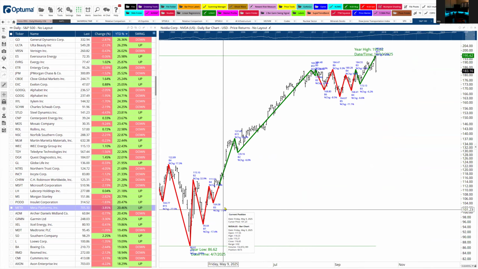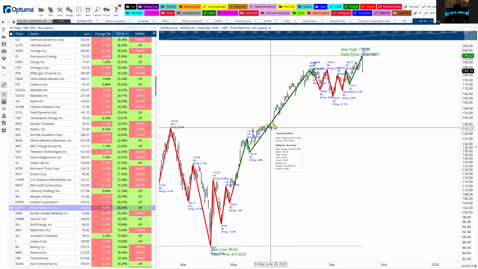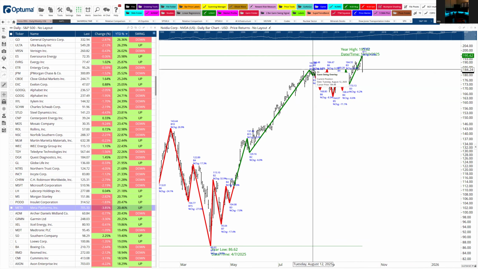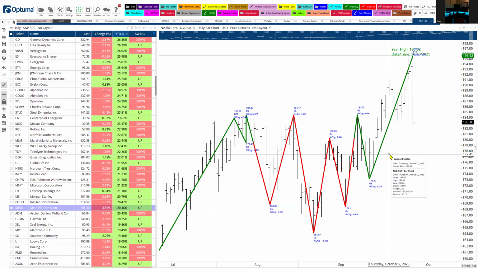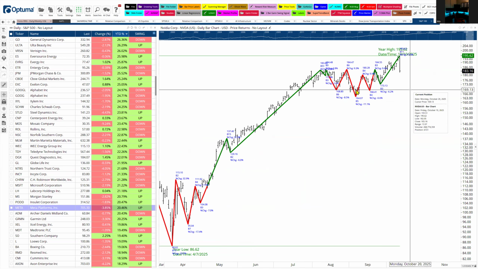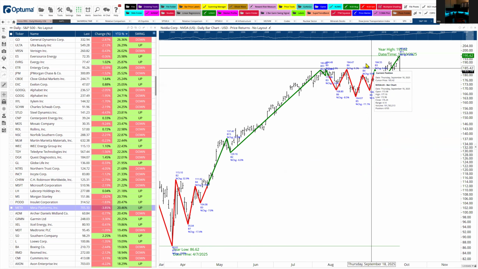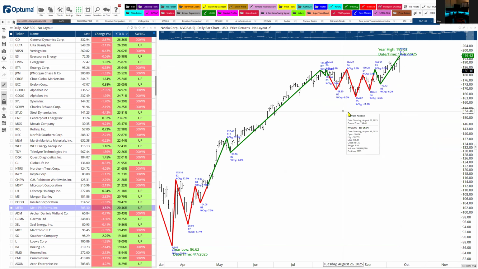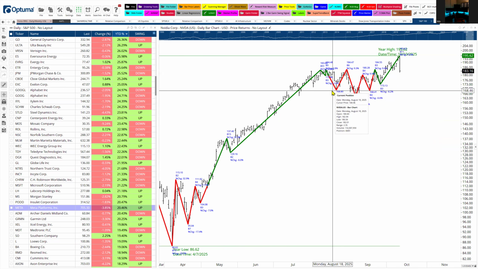If you scroll back here, you have to look at the price. Look how big of a run that Nvidia had. So it just chops around. This is very typical for a price to do after a huge run. This is exactly what I expect on the S&P, to kind of go sideways.